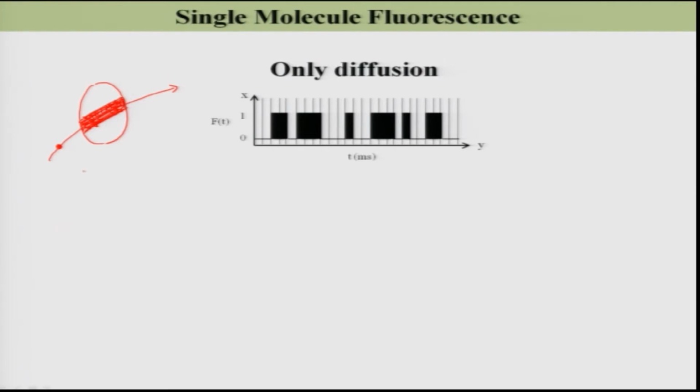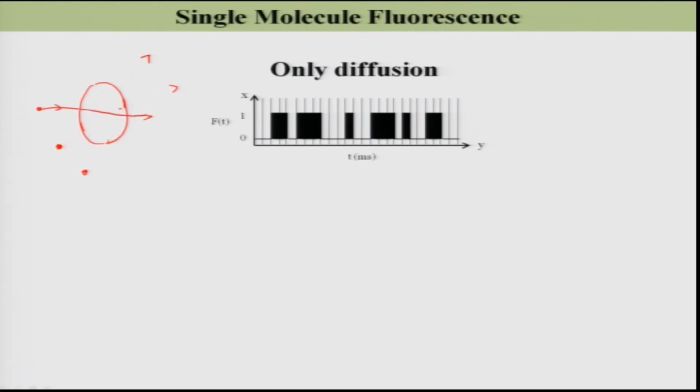If the molecule is entering from this side and taking such a path, then this fluorescence will be on for a longer time than this. If the molecule is coming from this side and exits from this side, then the fluorescence is on for a shorter time, right.